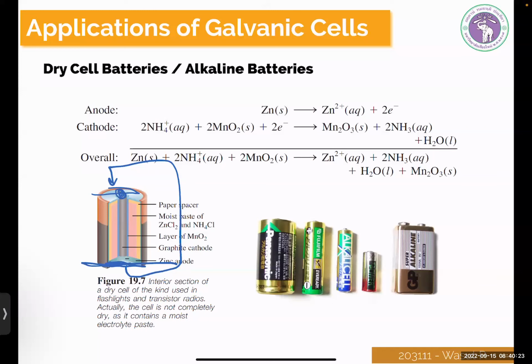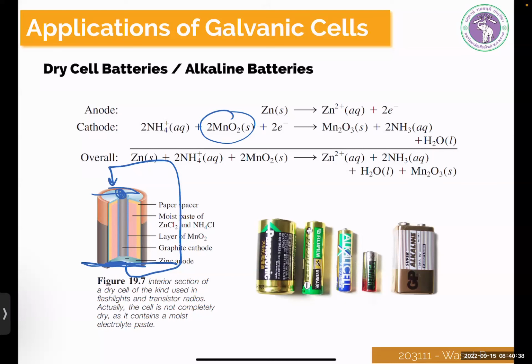And then you can see here that in this type of battery, normally you have zinc in the bottom because zinc acts as an anode, right? What's my cathode? My cathode is composed of manganese(IV) oxide, right?